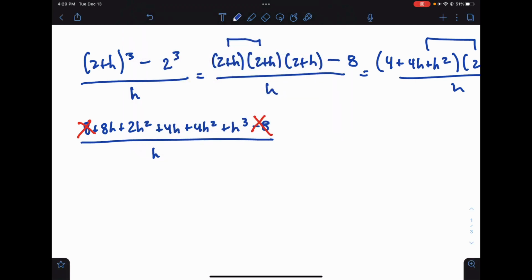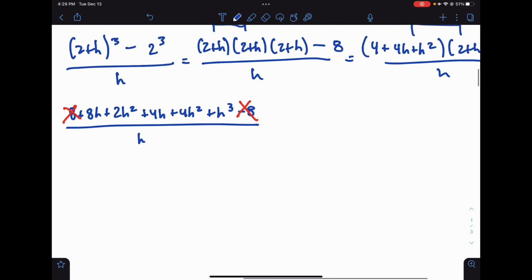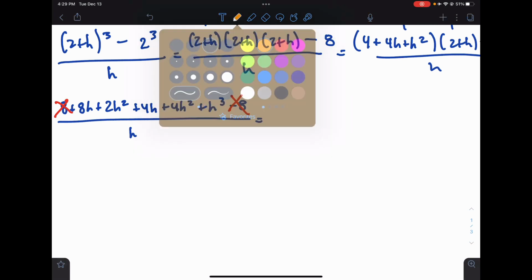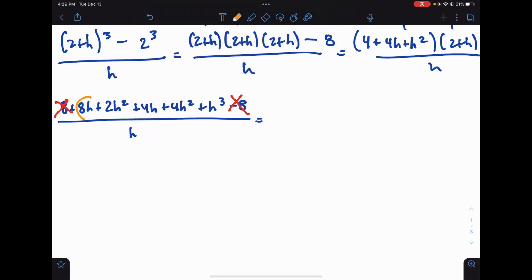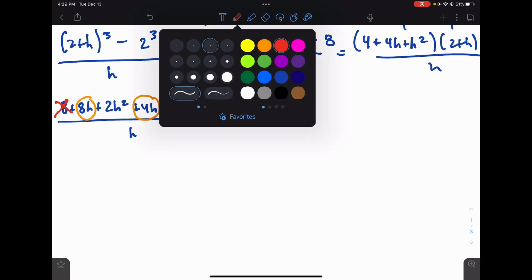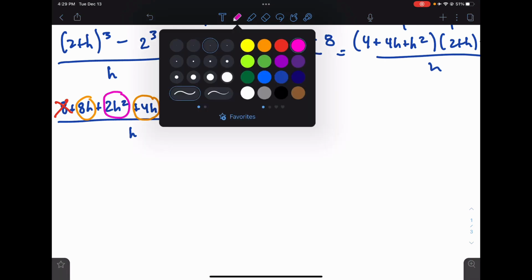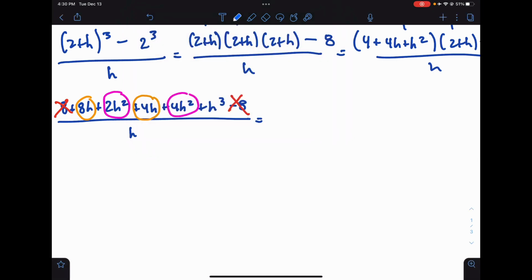So we're just going to combine like terms and whatnot. We're going to combine this one with this one, and then combine this one and that one. And yeah, that's that. Let's see what we have.